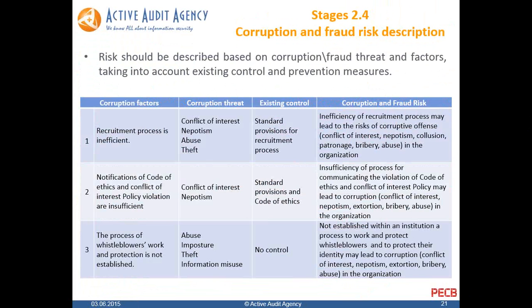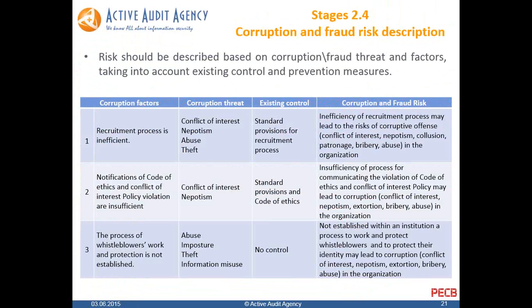Based on corruption and fraud threats and factors, taking into account existing control and prevention measures, risks should be described as you can see on the slide. For example, we have some corruption or fraud factor: the process of whistleblowers' work and protection is not established.